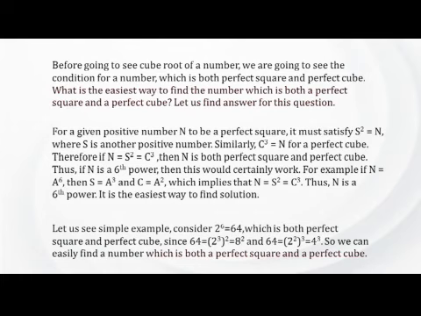Consider 2 to the power of 6 equivalent to 64, which is both perfect square and perfect cube. Since 64 is equivalent to 2 square to the whole cube, that is equivalent to 4 cube. So, we can easily find a number which is both a perfect square and a perfect cube.